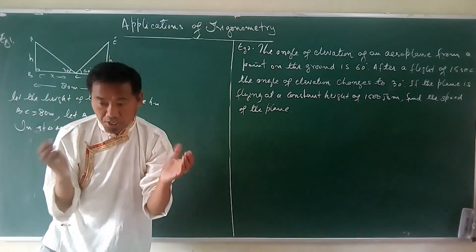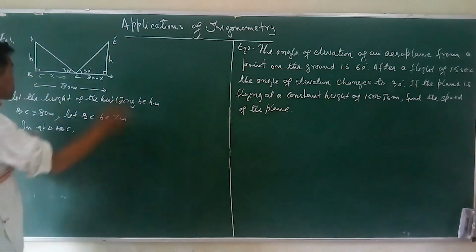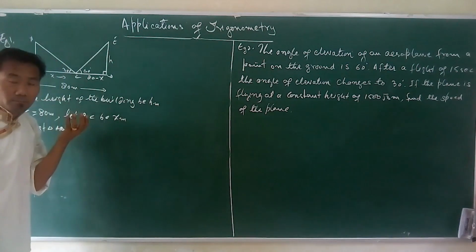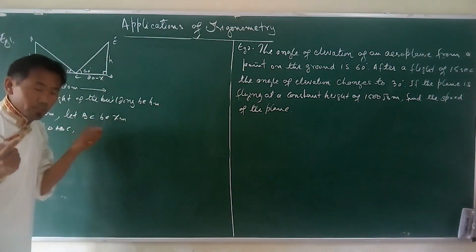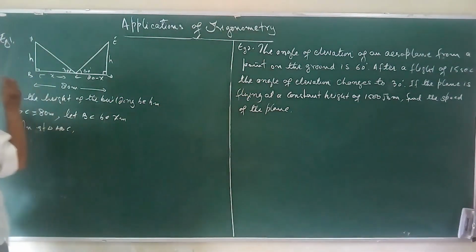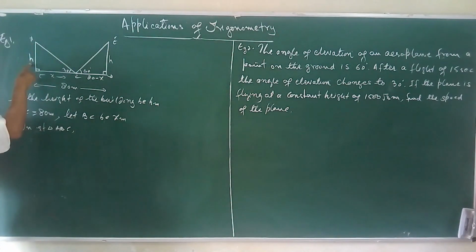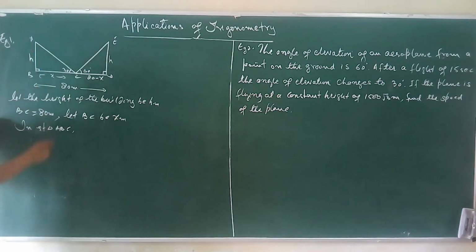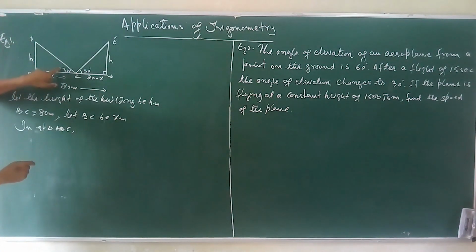What is given here is the angle, and the distance AC. So comparing between these two, since this angle is given and this is your P.